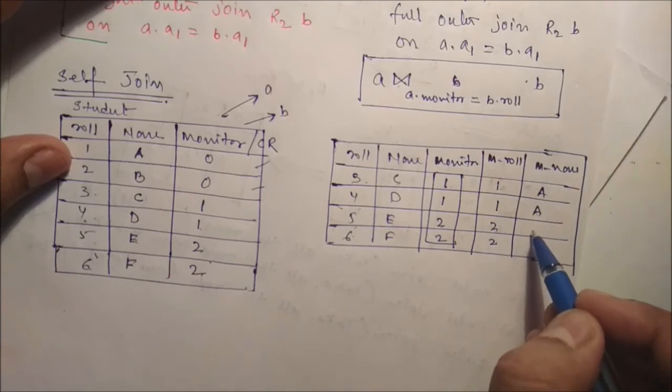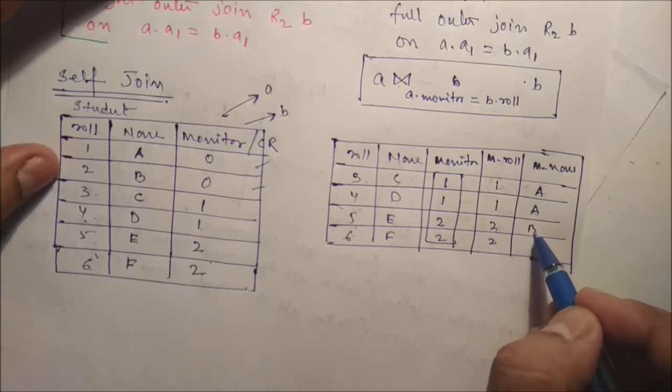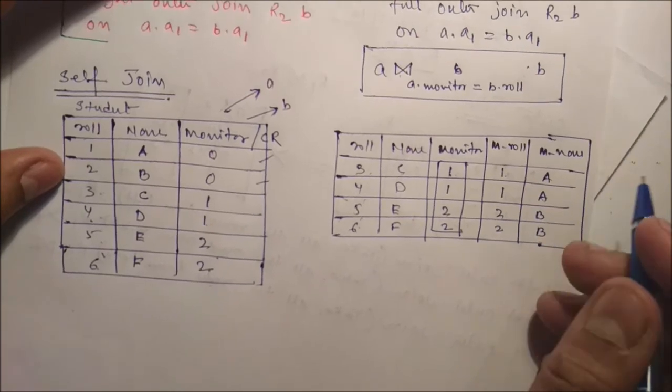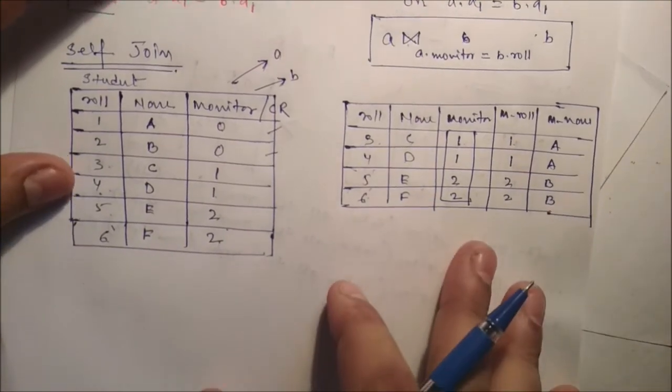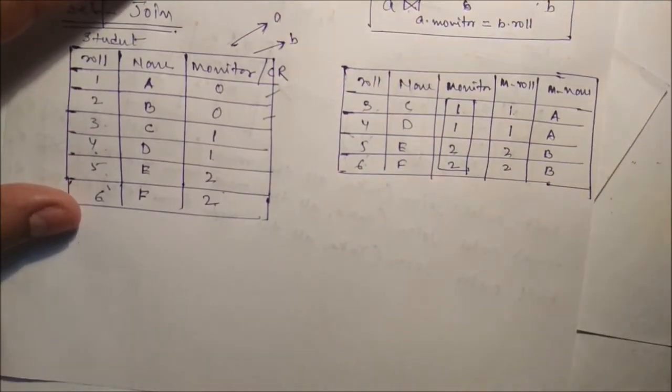A, and here 2, that means it is B and B. So what will be the associated SQL command? The SQL command is very simple.